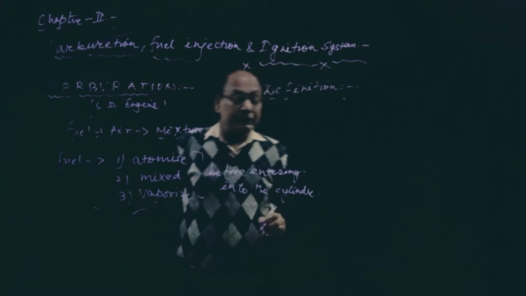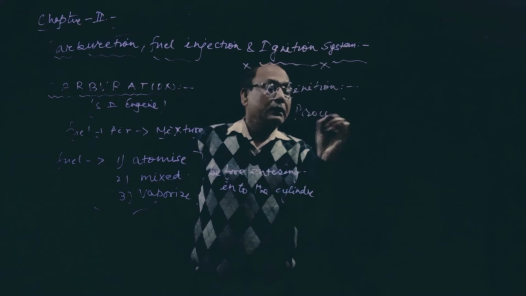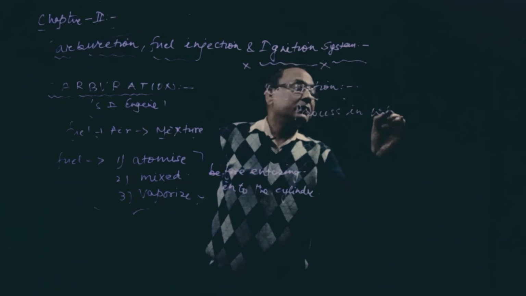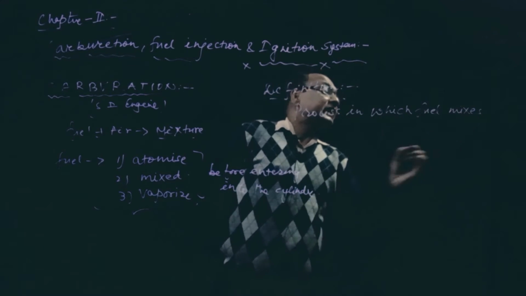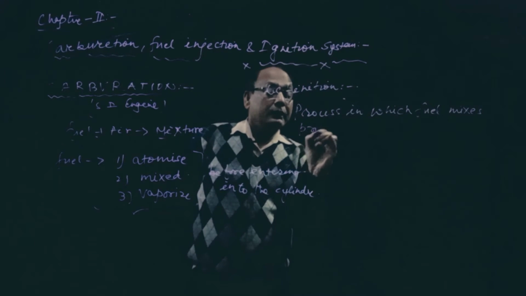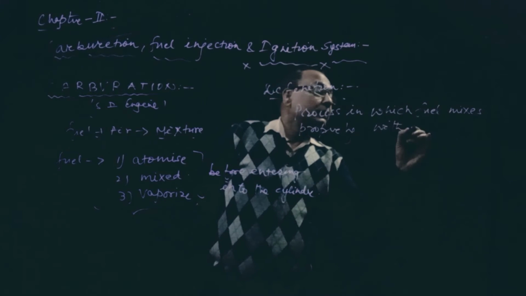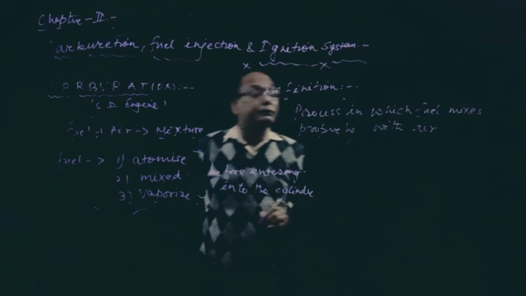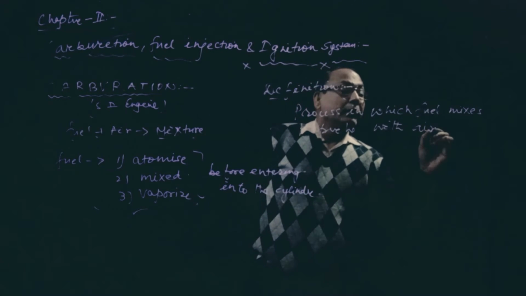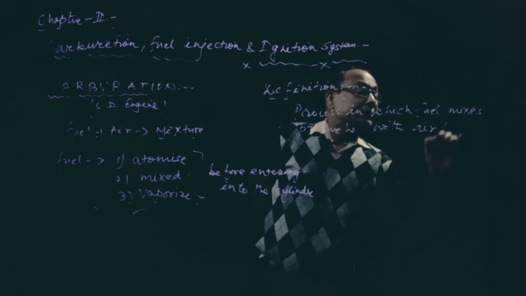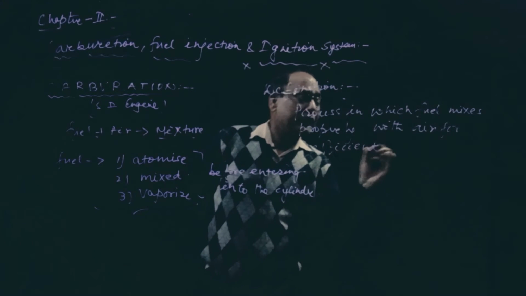What is carburetion? The definition is: the process in which fuel mixes properly with air, that is the correct amount of air, for efficient burning. It should burn also.